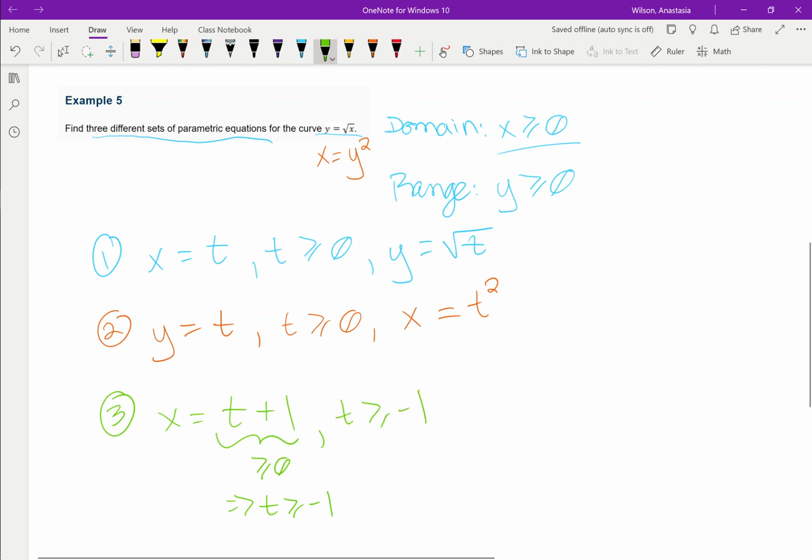So that is then our interval on t, and y would be the corresponding function of x, so the square root of t plus 1. And again, if we wanted to check, t plus 1 is always going to be bigger than or equal to 0 because t is greater than or equal to negative 1, so it works out with our domain. And the square root function will only give us positive values, so it works out with our range as well.